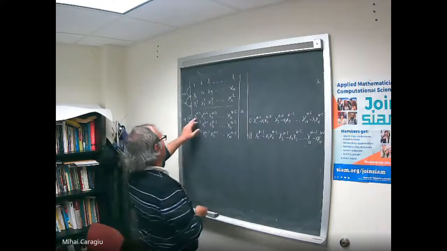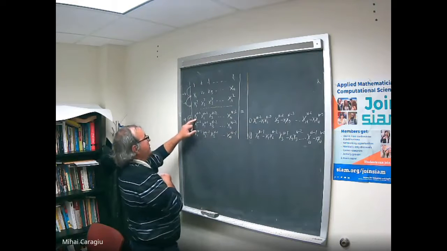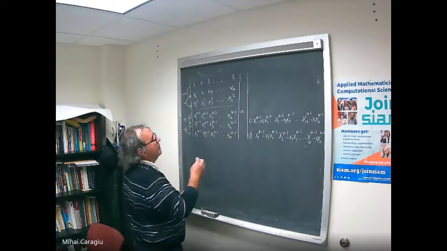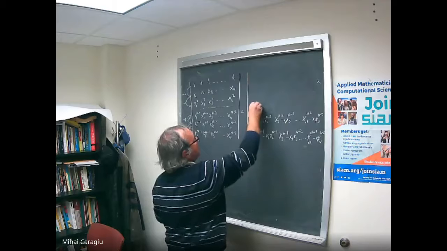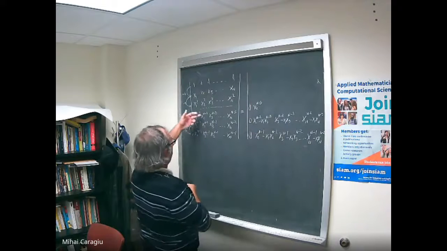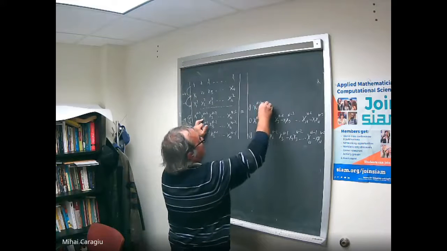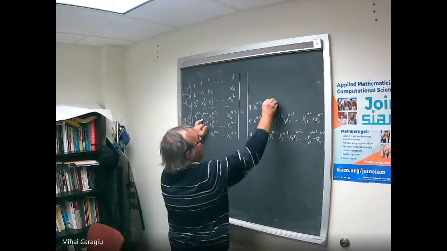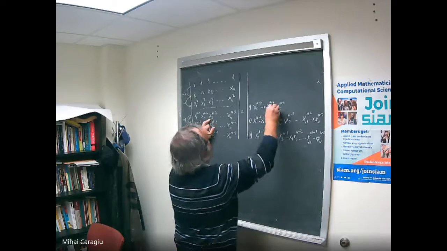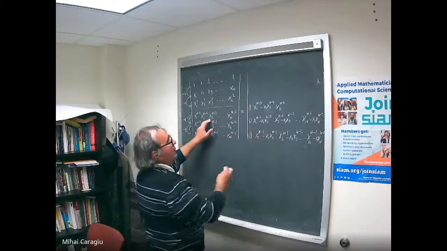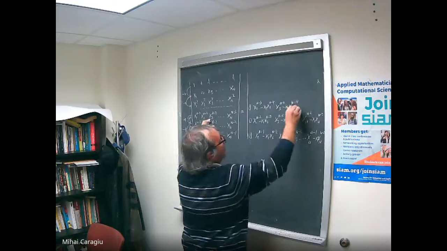Okay, so let's write, we need a little bit of imagination, the third new row from the bottom: 0, x2 to the power n minus 3 minus x1 x2 to the power n minus 4, x3 to the power n minus 3 minus x1 x3 to the power n minus 4. And so on.